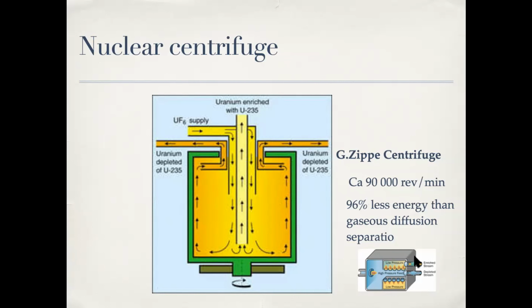Then they basically confiscated the Zippe model built at the University of Virginia, and Zippe left the United States. He went to Germany and set up a company called Urenco, which was and is enriching uranium for nuclear reactors.